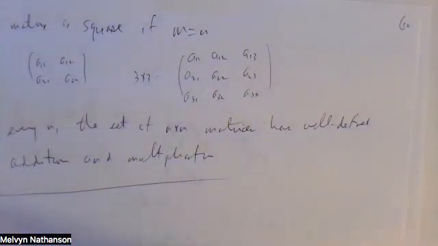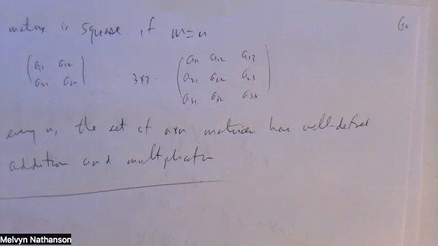And in the language of algebra, the square matrices of any fixed size form what's called a ring. But that's not so important for us now.